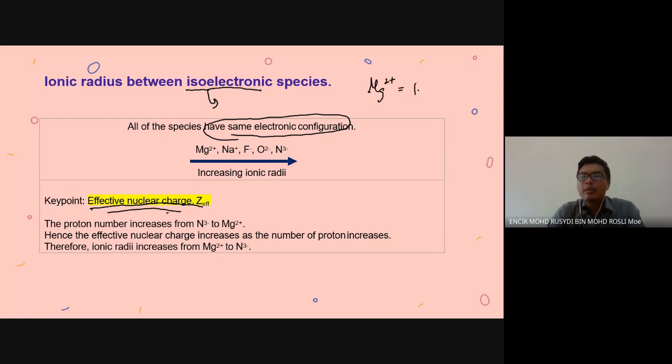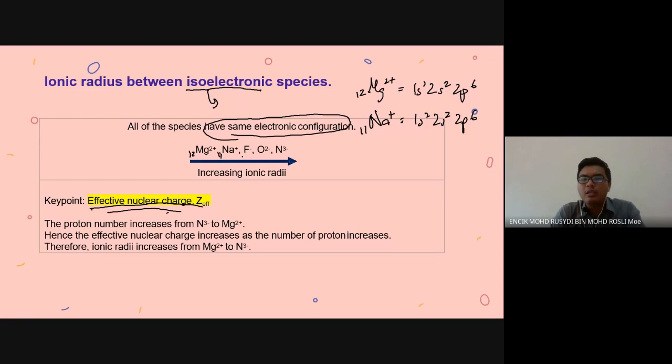Okay, so magnesium 2+, kita ada 1s2, 2s2, 2p6. Sodium plus, kita juga ada 1s2, 2s2, 2p6. Tapi proton number untuk magnesium, kita ada 12. Sodium ada 11.